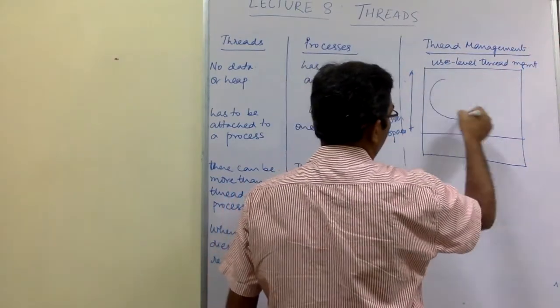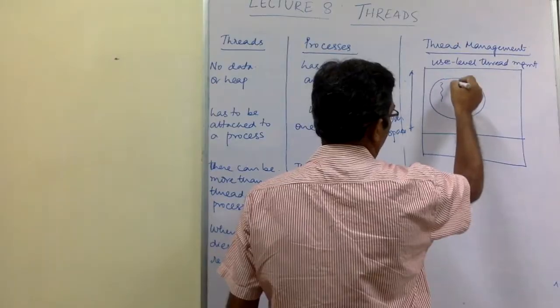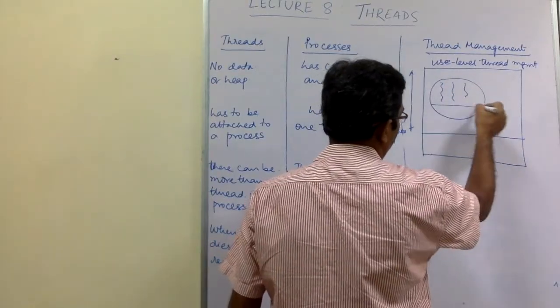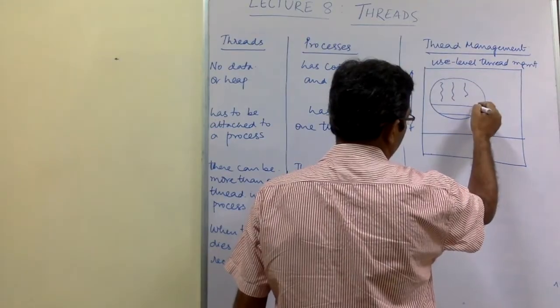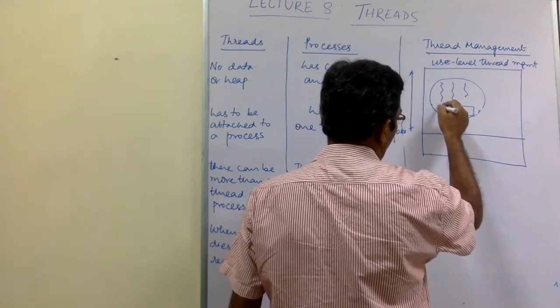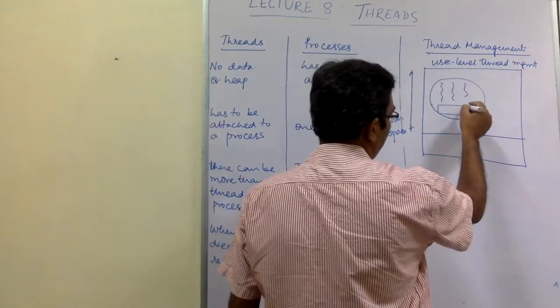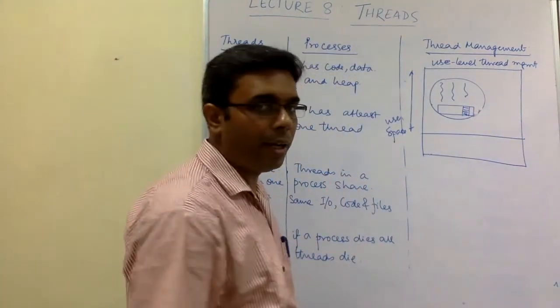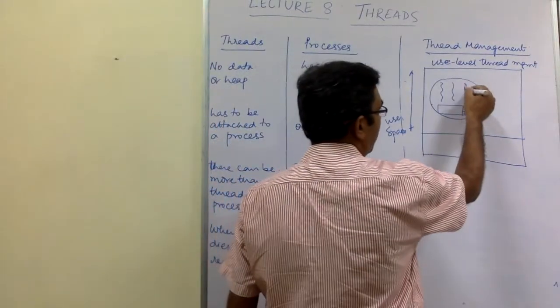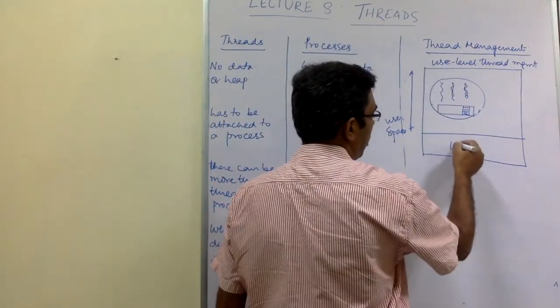You have multiple threads created here, and interestingly, if you recall, when we were talking about the thread control block, I said that because the threads are maintained by the process, the kernel has no idea of that.